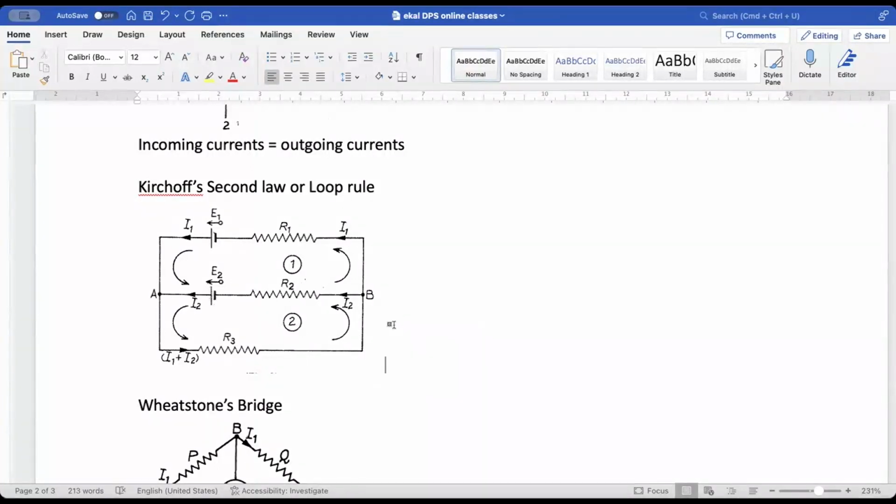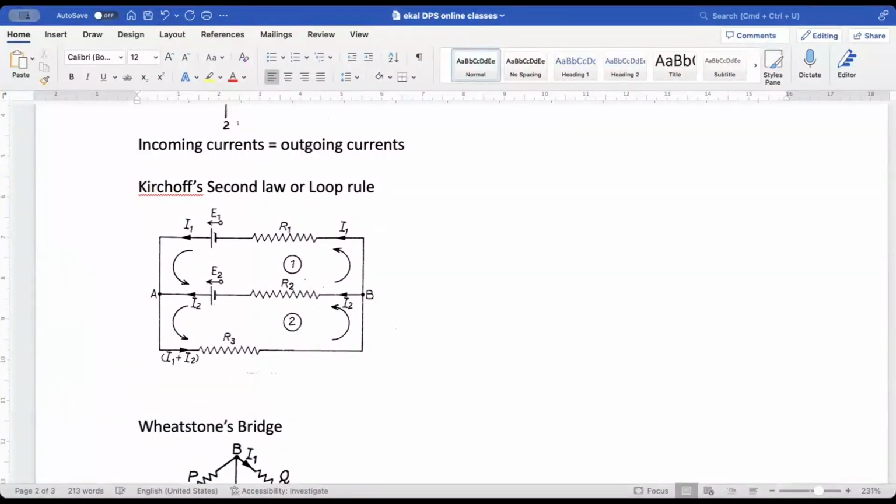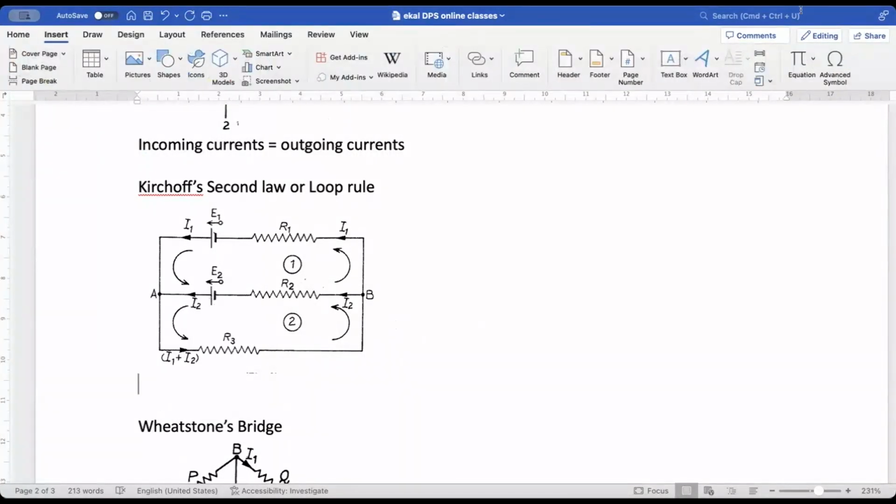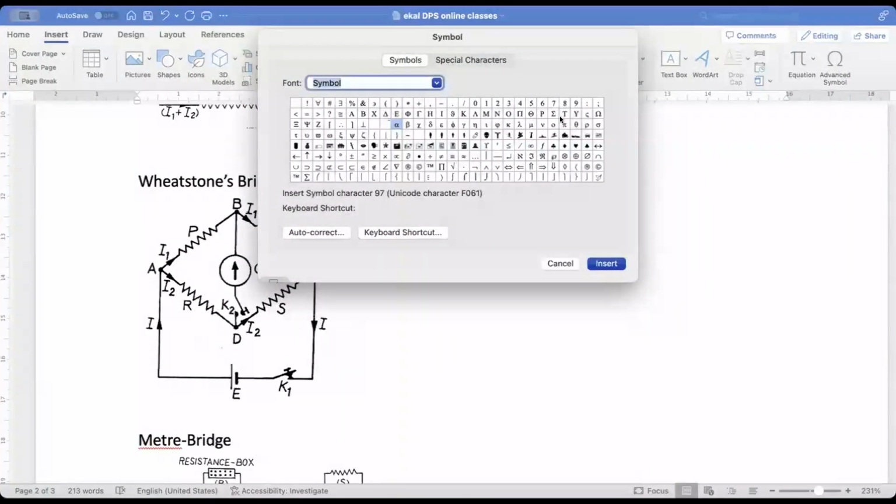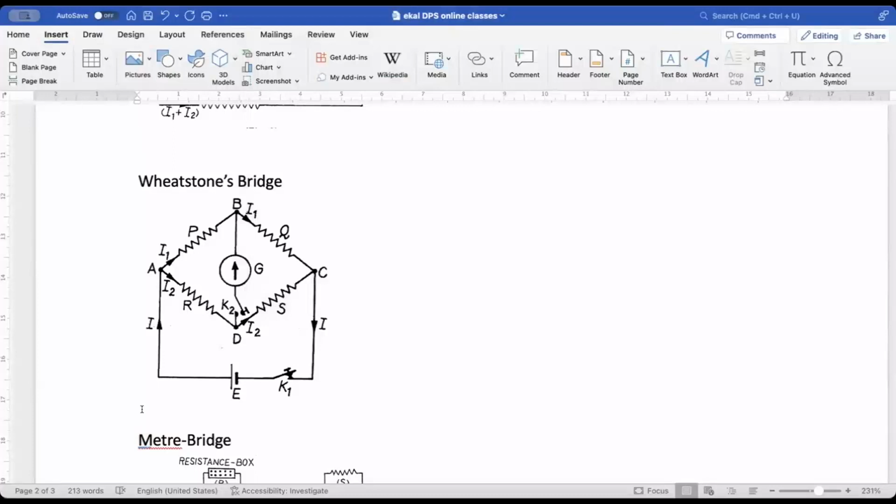That means sum of IR should be equal to sum of EMF. Right?